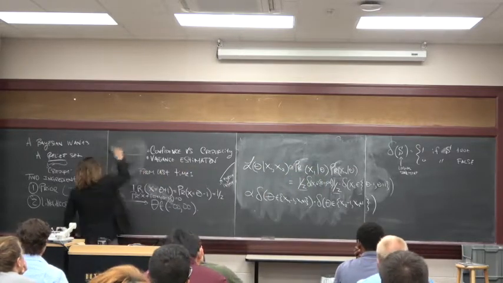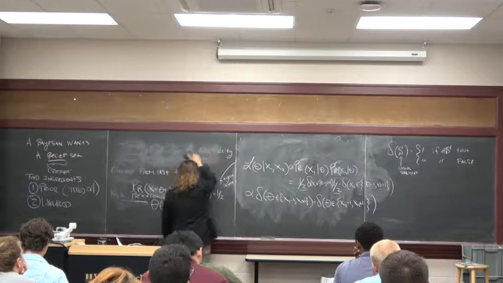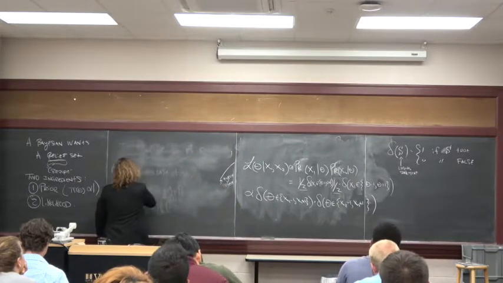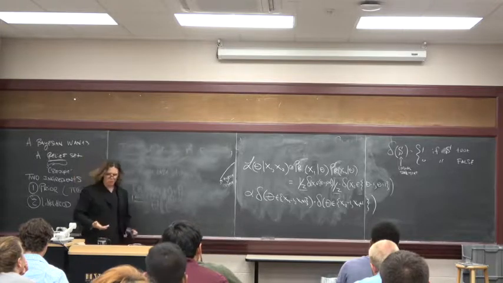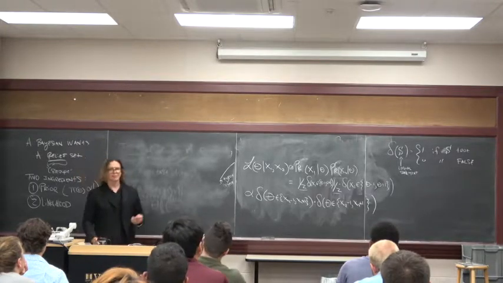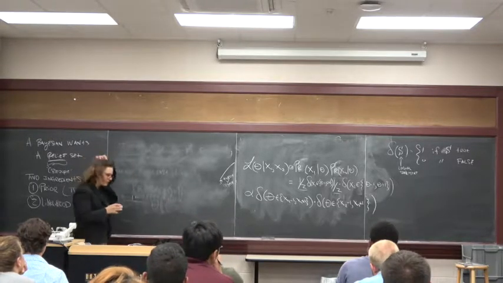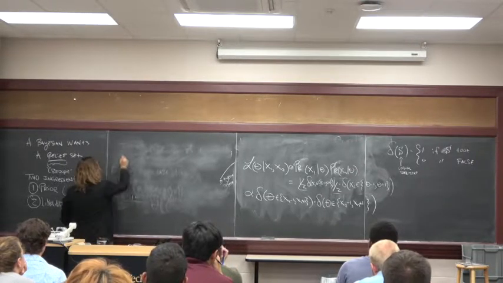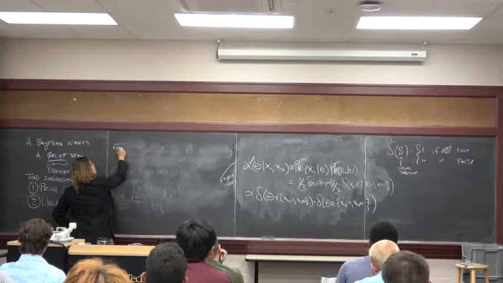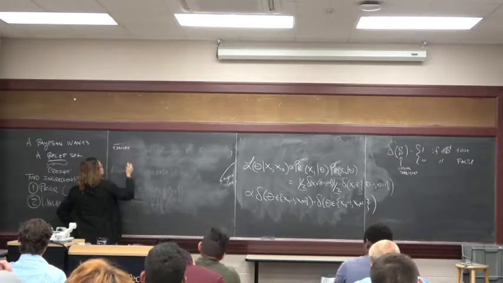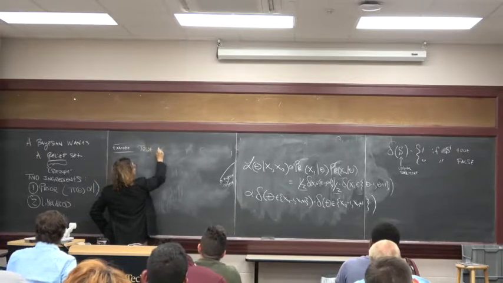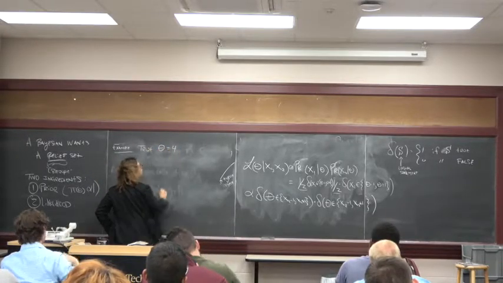So let me give you an example. Usually I like to just plug numbers into equations and see if it all makes sense before I start analyzing too deeply. But here's an example. Let's say true theta is equal to 4.